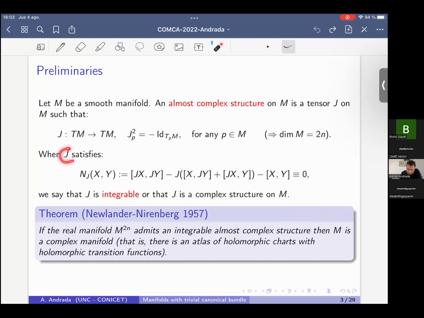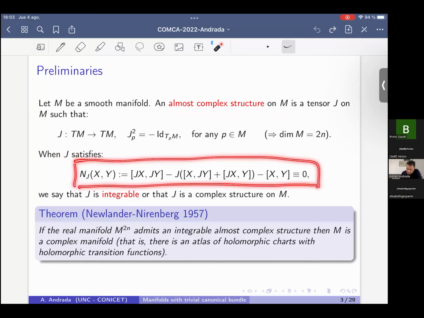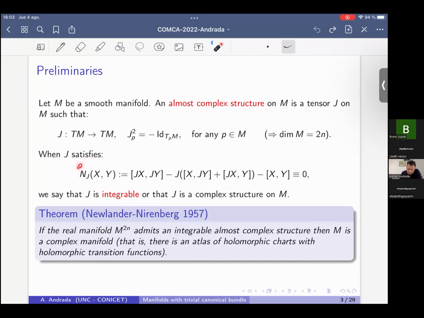If this almost complex structure satisfies this relation here, this is called the Nijenhuis tensor. Nijenhuis is a 1-2 tensor defined in terms of the complex structure and the Lie bracket of the manifold. If this tensor vanishes identically on the manifold, then we will say that J is integrable, or it is simply a complex structure on the manifold.